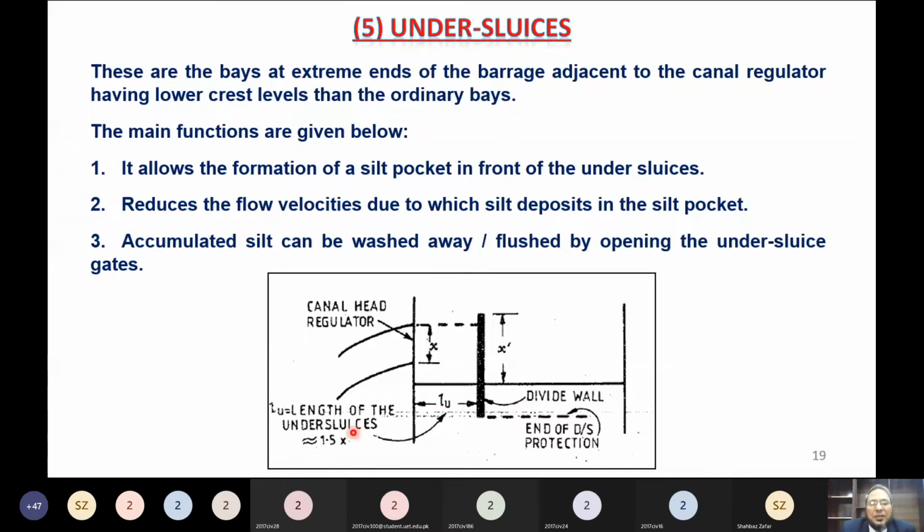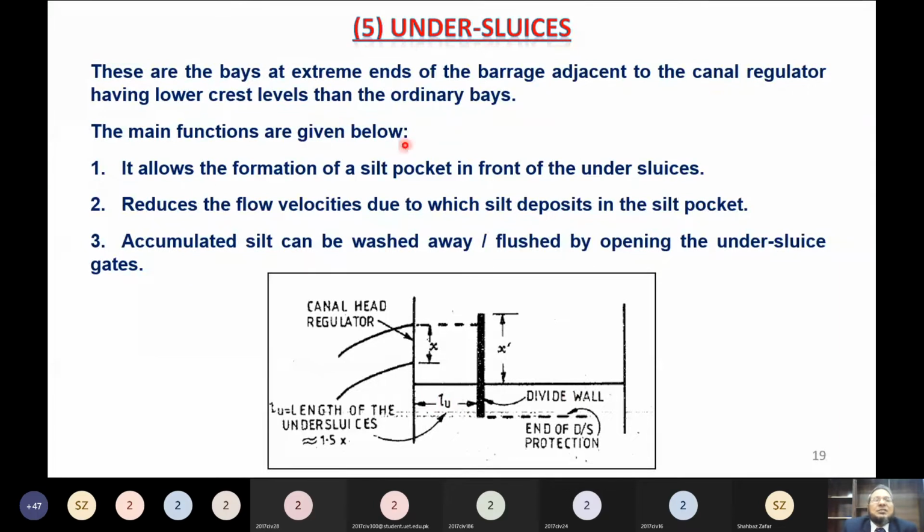It should be 1.5 times X, where X is the length of the head regulator of the main canal. So how much should be the length which we should provide of the under sluice bays? Usually 1.5 times the length of the head regulator of the main canal.